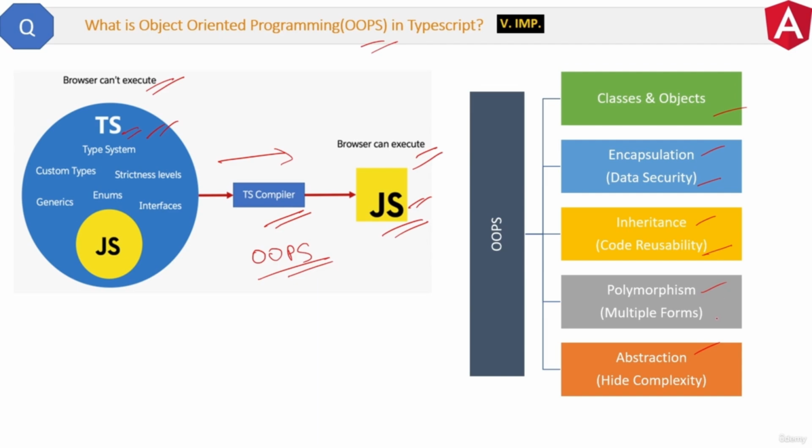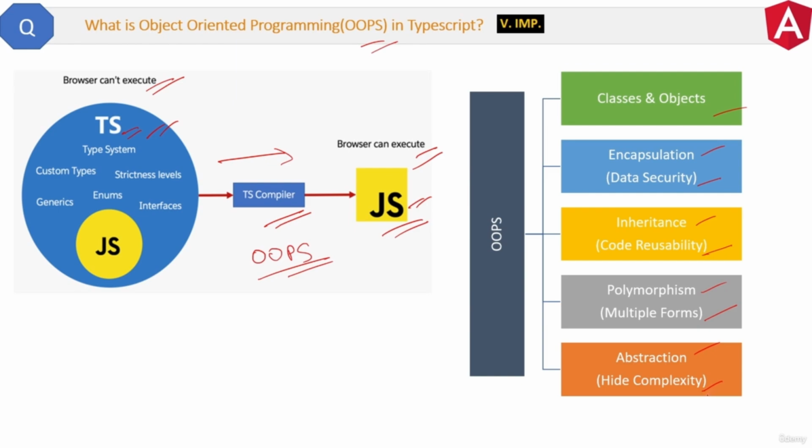Then polymorphism gives naming with multiple forms, meaning you can create multiple methods in your class with the same name. That is the polymorphism advantage. And abstraction will help in proper structuring of the code by hiding the complex code. So it will give you a structure so that you can write the complex algorithm in one place and simply access it from the front side.